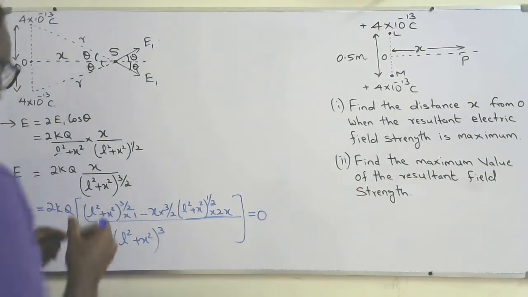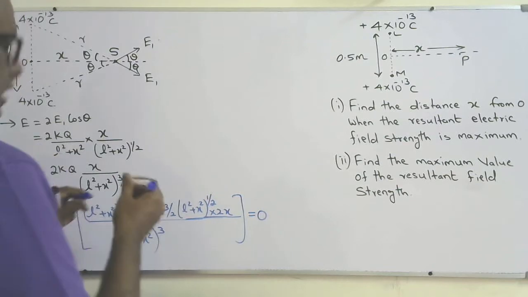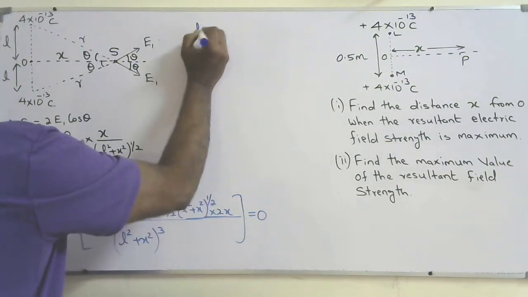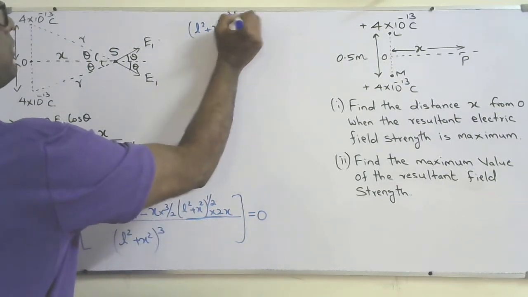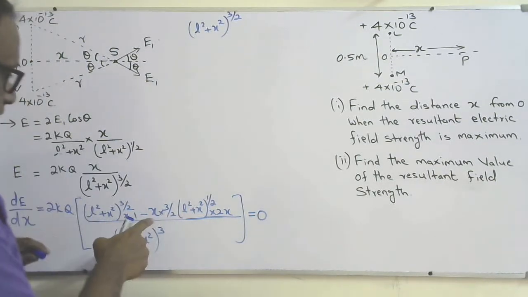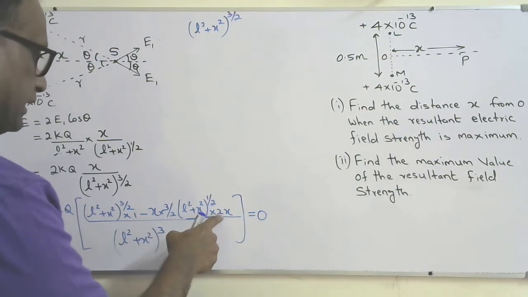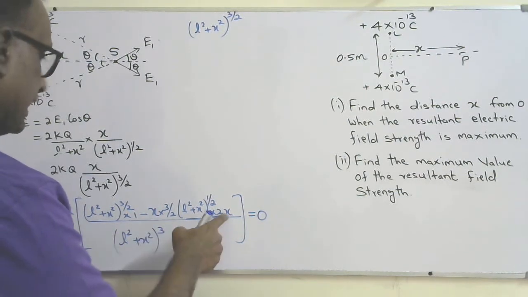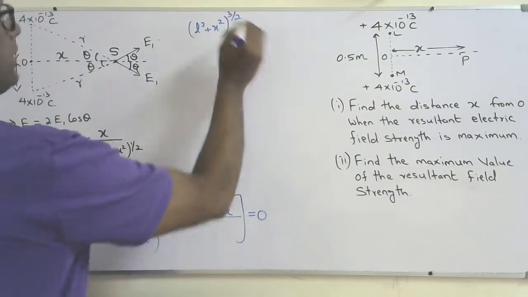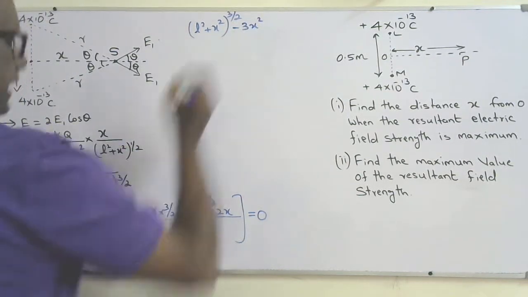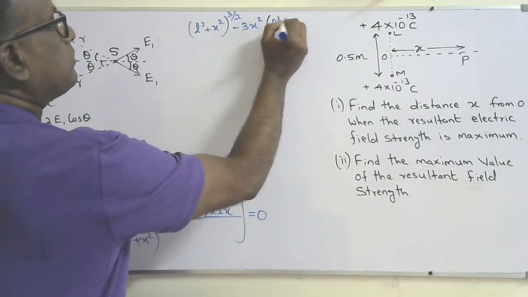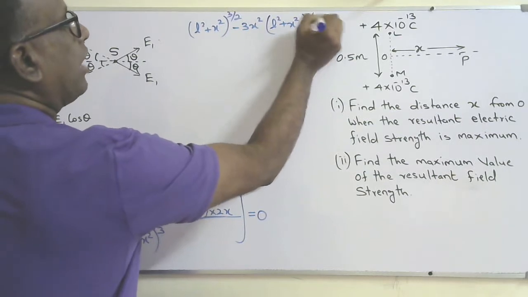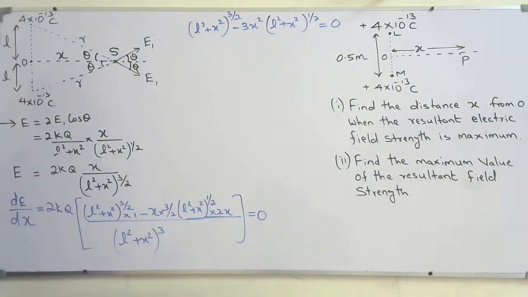Here the 2 and 2 get cancelled. So L squared plus x squared, minus 3x squared times L squared plus x squared to the power half, equals 0.